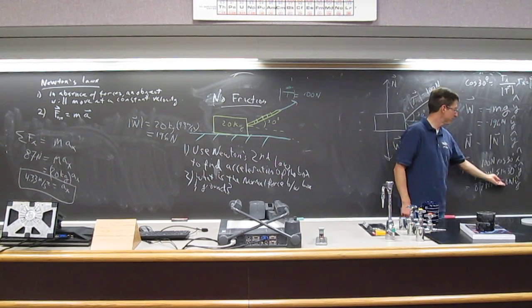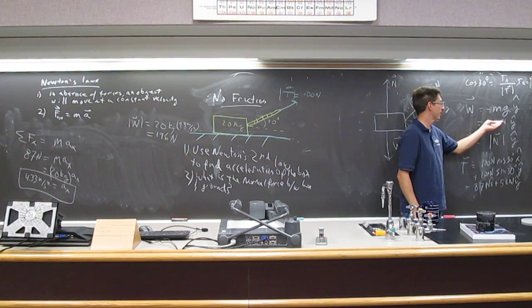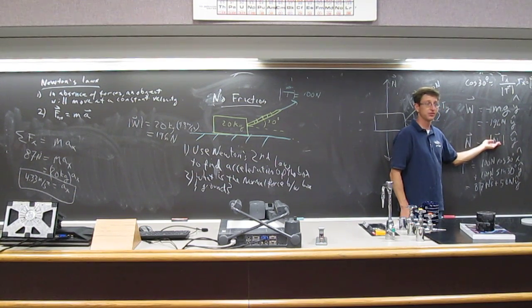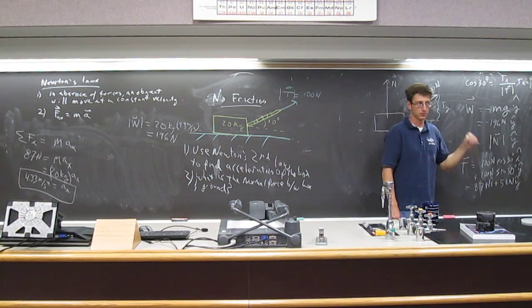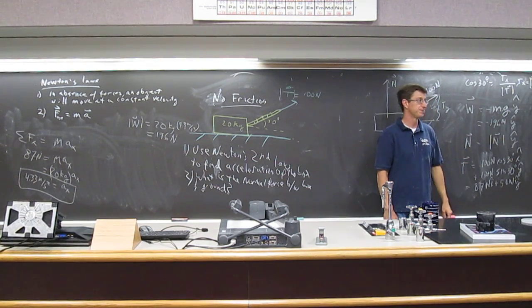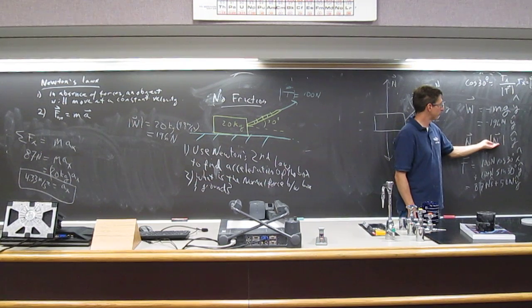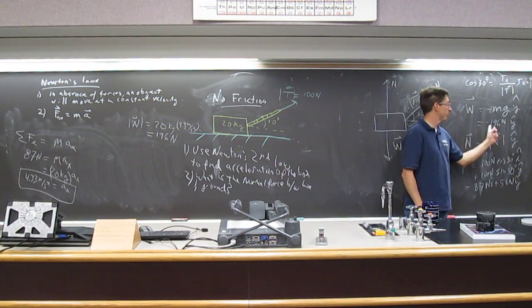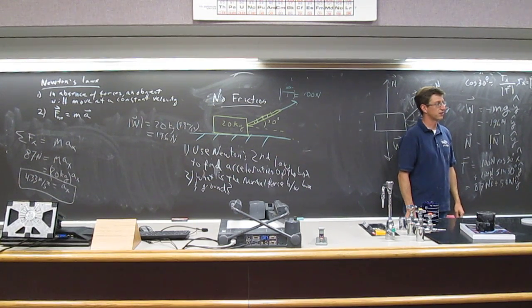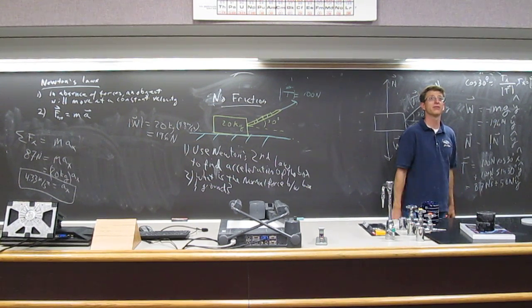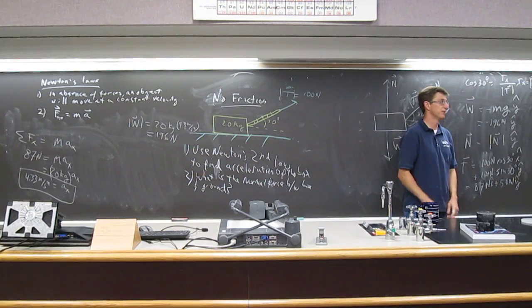So I have 50 newtons in the positive y direction, normal force in the positive y direction, and negative 196 newtons downward. So this normal force plus this will be equal to that, so it doesn't accelerate in the y direction. And the normal force will be whatever it has to be for that to happen.